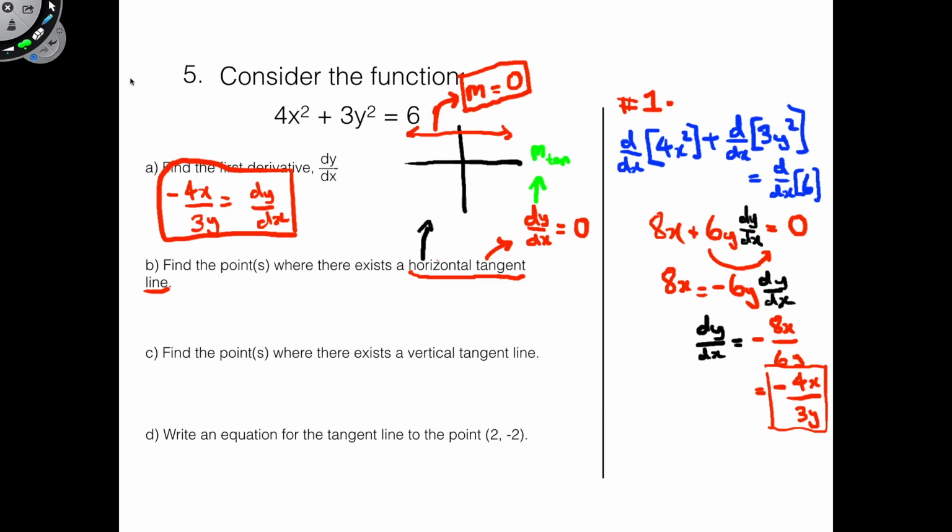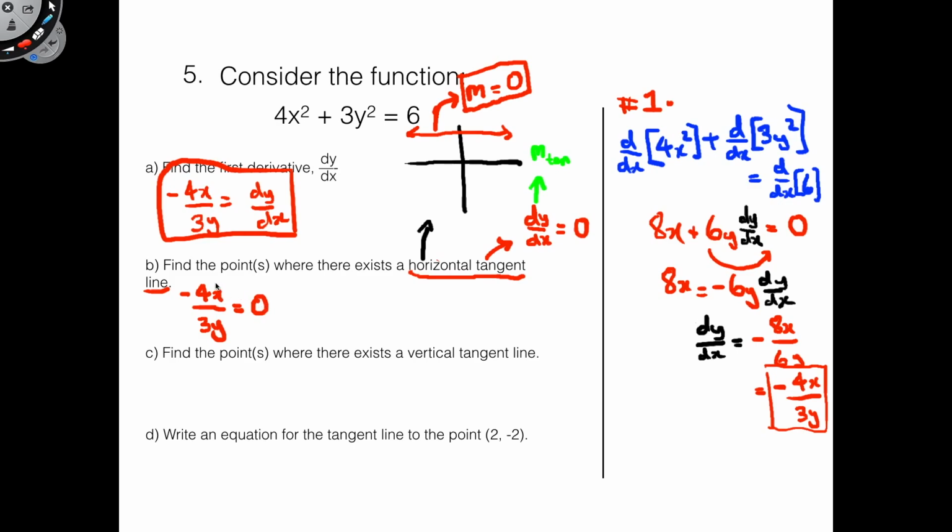And therefore, where dy/dx is equal to 0, the slope of the horizontal tangent line will equal 0 as well. All right, so let's go ahead and get this done then. The dy/dx we figured out was negative 4x over 3y, and so we're going to need to set that equal to 0.